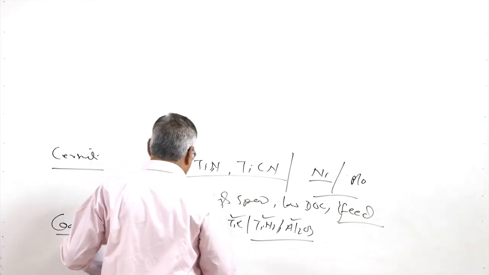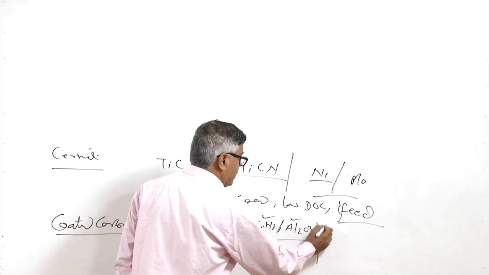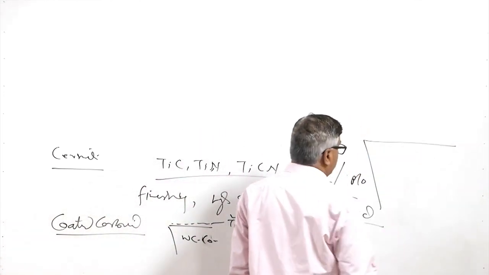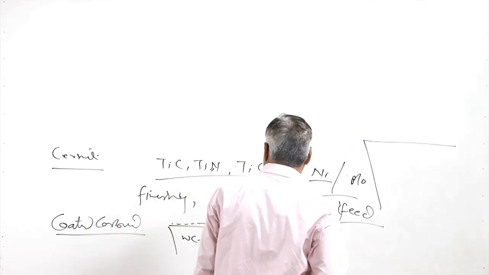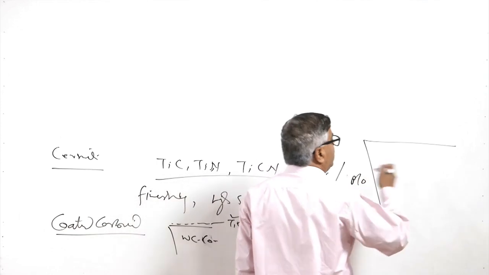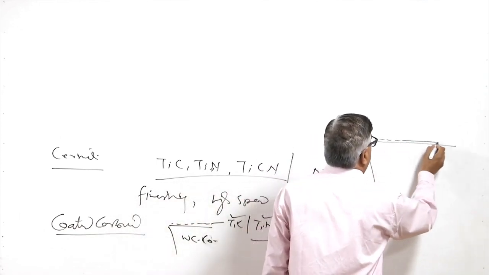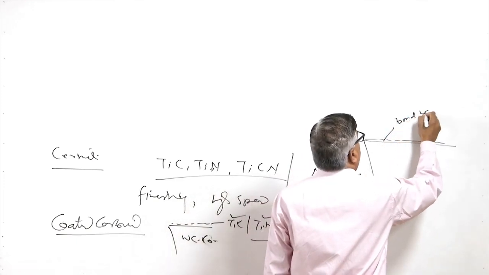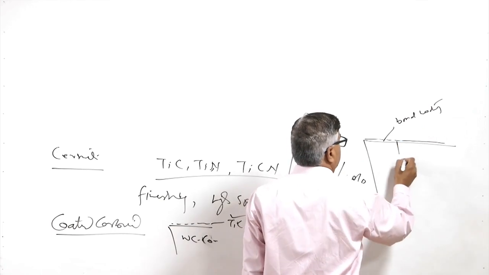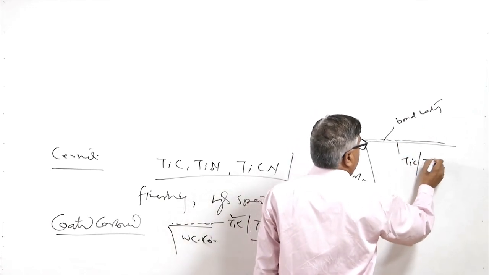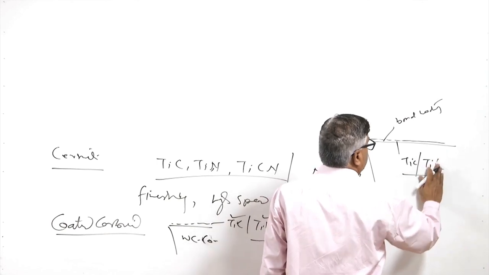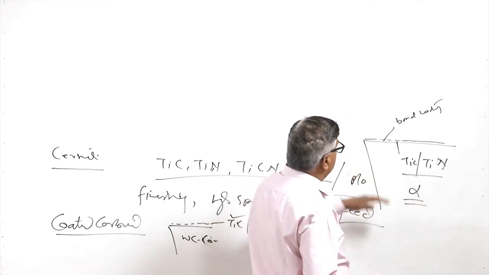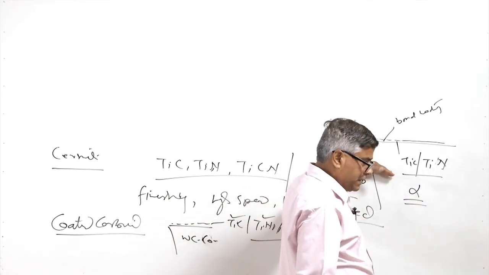as well as good wear resistance. So, they can be worked at much higher cutting speeds, but in order to avoid any kind of chipping off, spalling, or separation of the coating from the tool material, normally a bond coat is given. Bond coating is provided of either TiC or TiN, because these two materials have an alpha value, or thermal expansion coefficient, similar to that of the cemented carbide tool.